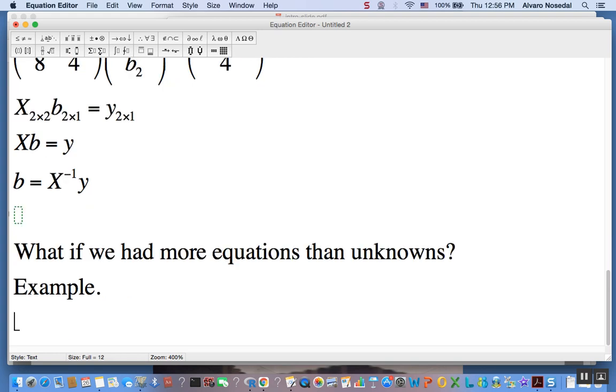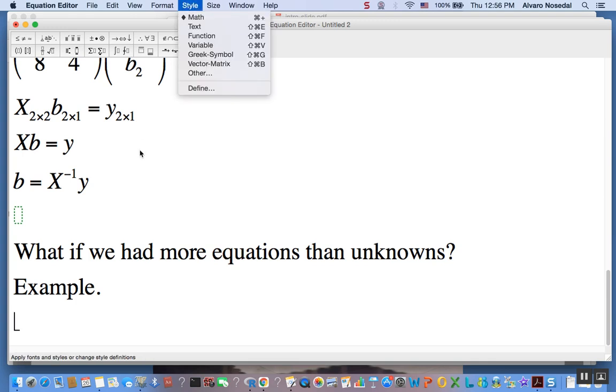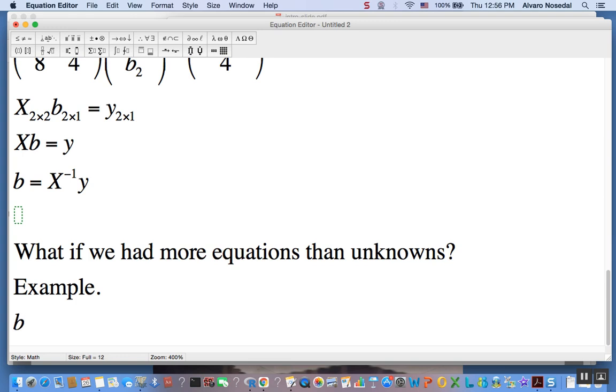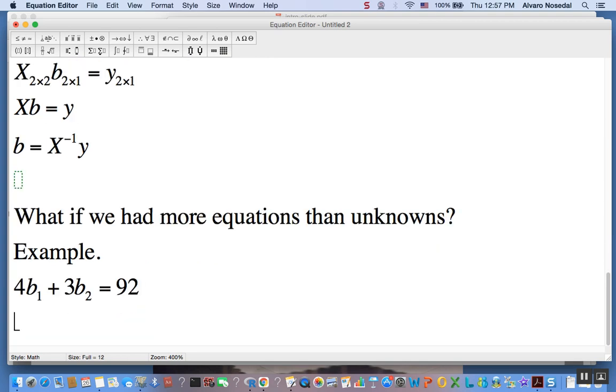Consider the following system of equations. 4b1 plus 3b2 equals 92. So that's the first equation of our system of linear equations.